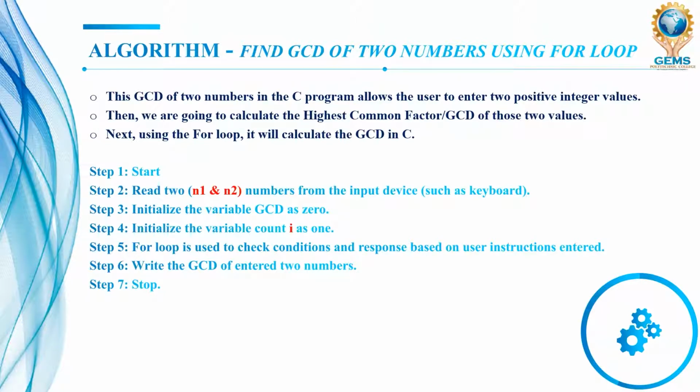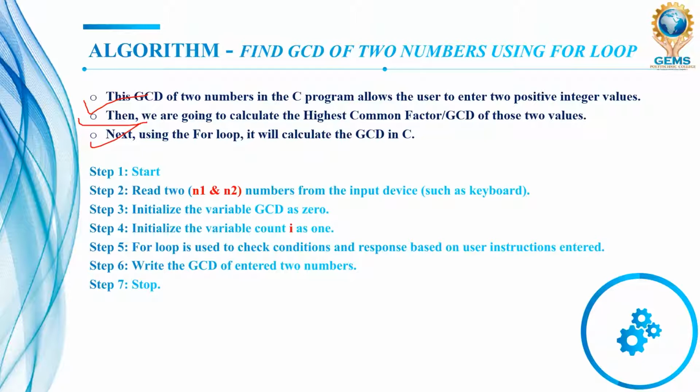First, we are going to get two numbers from the user as input. Second, we are going to perform the operation on those two numbers to get the GCD. Third, we are going to use a for loop to calculate the GCD of the two numbers.